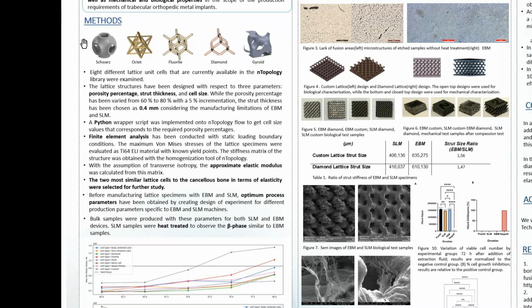For cell adhesion and proliferation, porosity is important. We varied the porosity from 60% to 80%, like 65, 70, 75, etc. We prepared a Python wrapper script and implemented it in nTopology, so we automated the process for the cell size and porosity relationship.